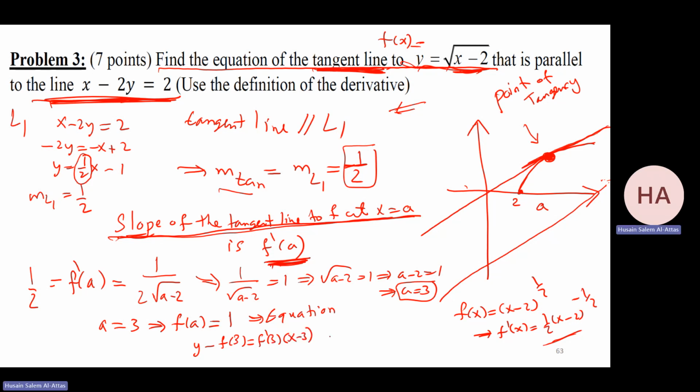So it will be y minus 1 equals f prime at 3, which is the slope, which is half, times (x minus 3). Multiplied by 2, 2y minus 2 equals x minus 3. So we have 2y minus x plus 1 equals 0. This is my equation. We hope it's clear.